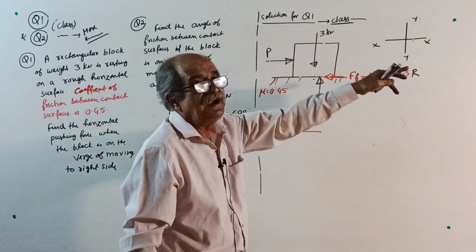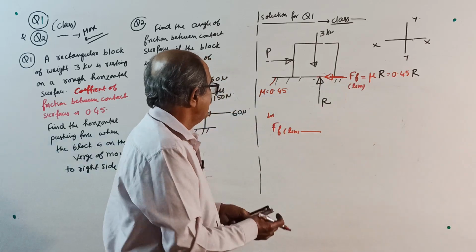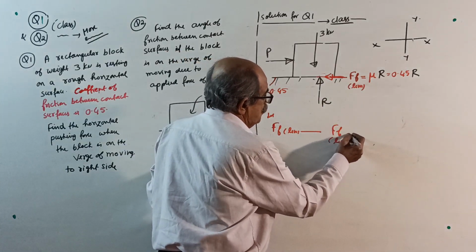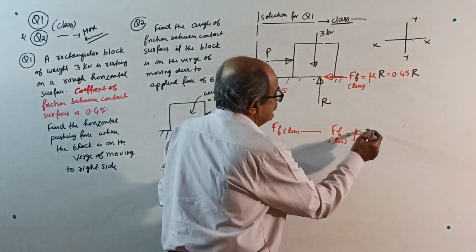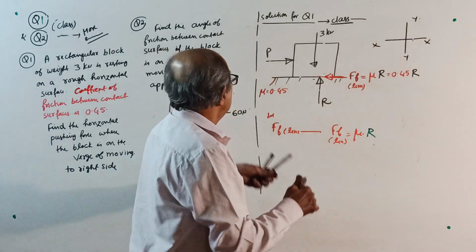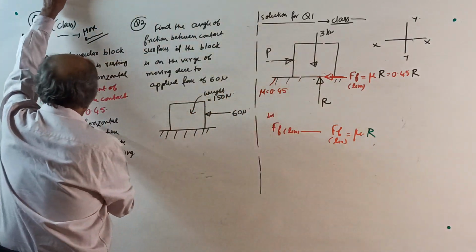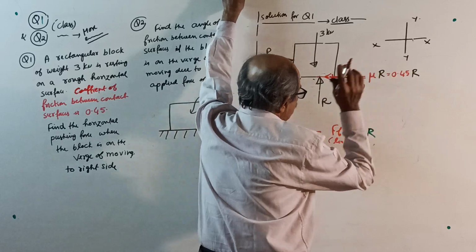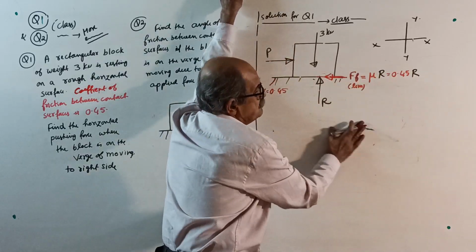Intended motion is to right side, so frictional force is left side, and we know that F limit is equal to mu into normal reaction R, where mu is called coefficient of friction. In the question, coefficient is 0.45, so mu R equal to 0.45 into R. All the statements you write.